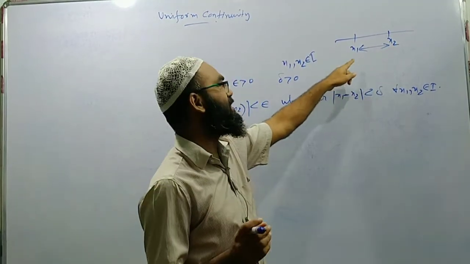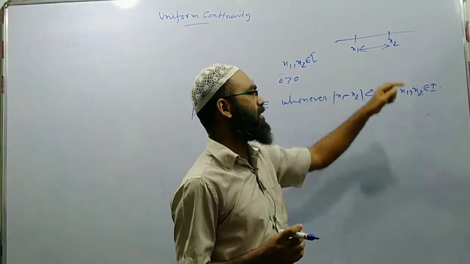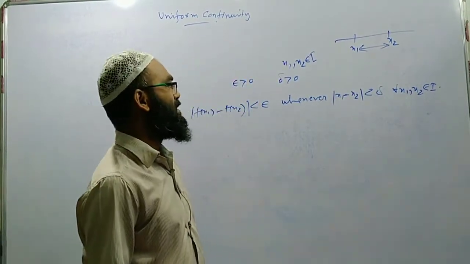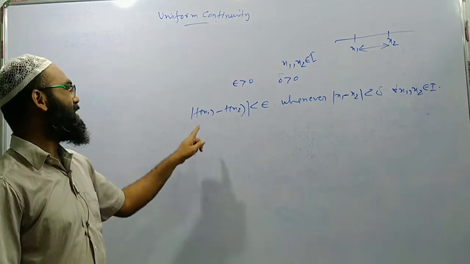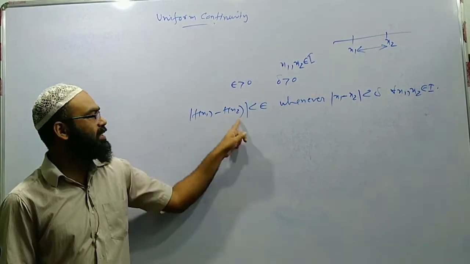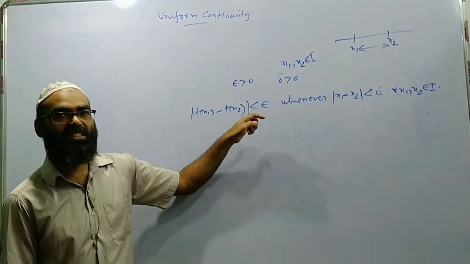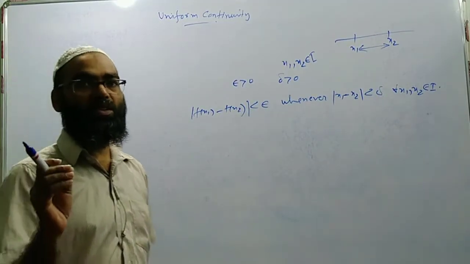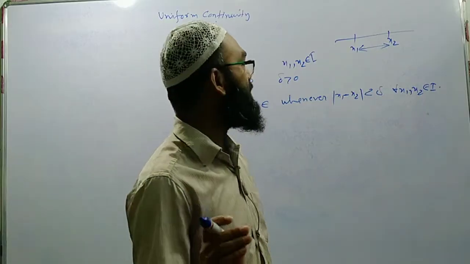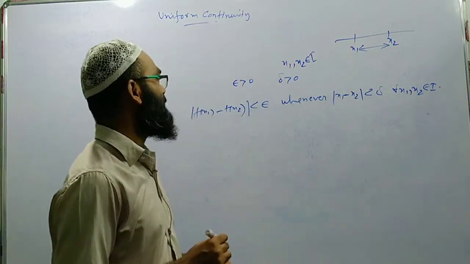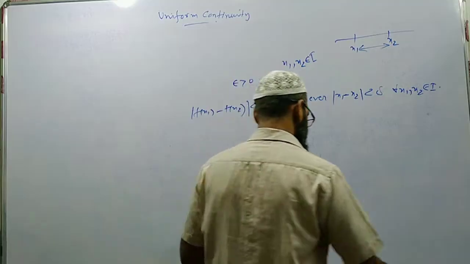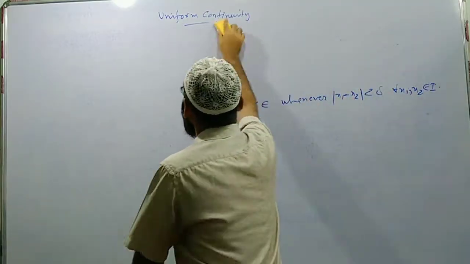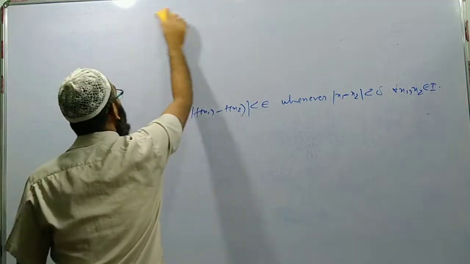This distance is denoted by mod of x1 minus x2. If this distance is less than delta, then modulus of f(x1) minus f(x2) is less than epsilon. This is the condition, this is the definition of the function f(x) to be uniformly continuous on the interval I. So we shall first note the definition of uniform continuity.